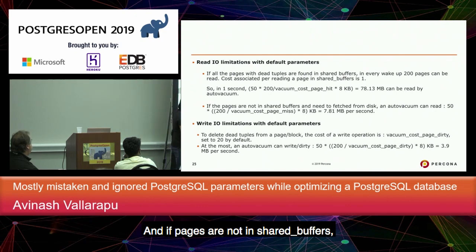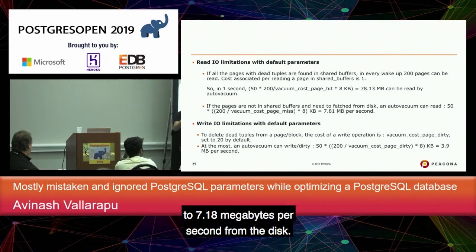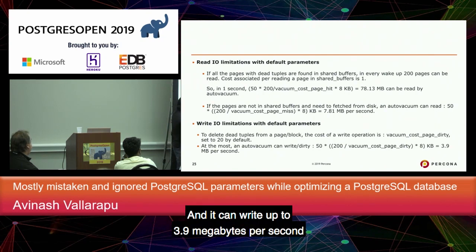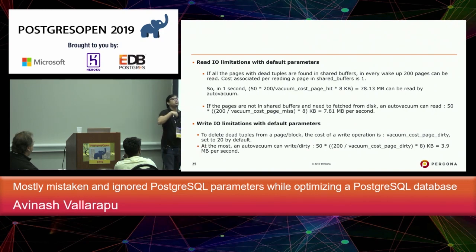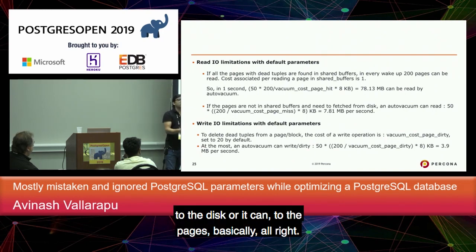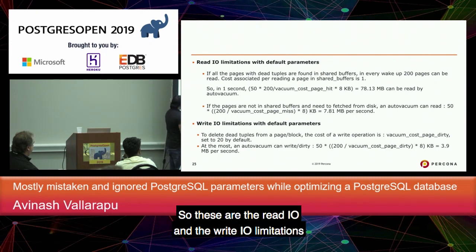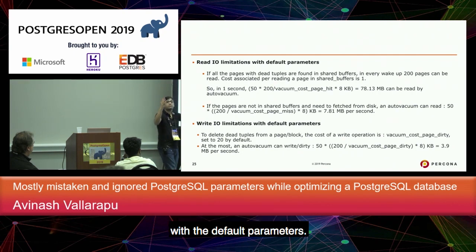And if pages are not in shared buffers, then with the formula, it can read up to 7.81 megabytes per second from the disk. And it can write up to 3.9 megabytes per second to the pages, basically, right? So these are the read IO and the write IO limitations with the default parameters.